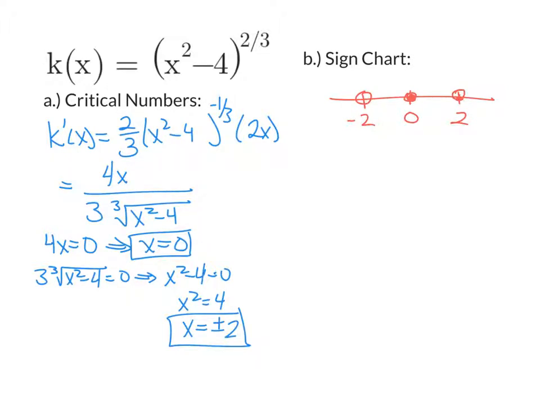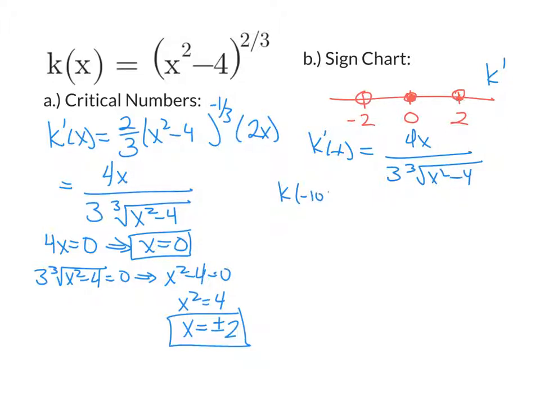So we want to test that on our derivative, k prime, with k prime being 4x over 3 times the cubed root of x squared minus 4. So we start picking some values. I'm going to pick something smaller than negative 2, something like even negative 100.